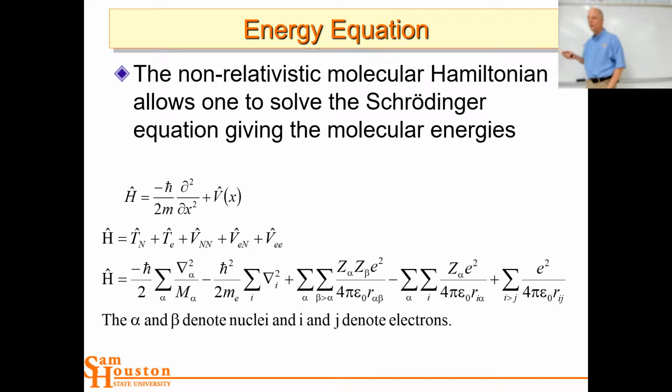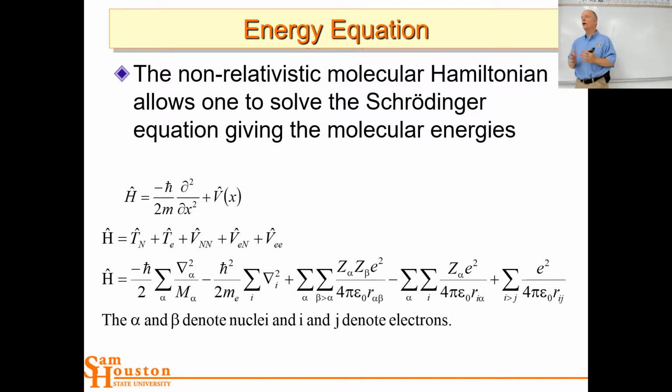Remember the Hamiltonian for the particle in a one-dimensional box. It was just one dimension, it was in x. This has a lot more dimensions to it, and there are a lot more things in a molecule than just one particle confined to a certain axis. We have nuclei, we have electrons, we have attractive potentials.